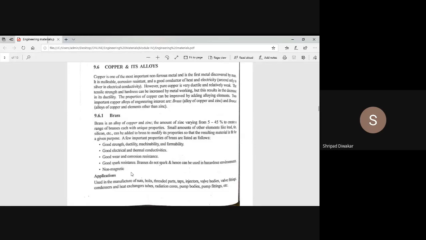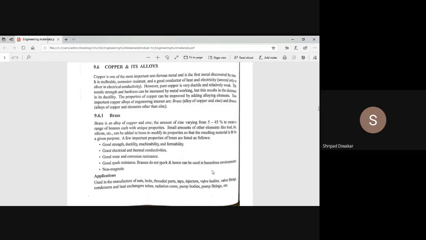So these are the properties: good strength, ductile nature, machinability and formability, good electrical and thermal conducting properties, good wear and corrosion resistance, and non-magnetic nature. These are all properties of brass.